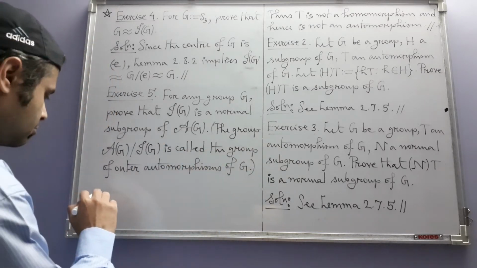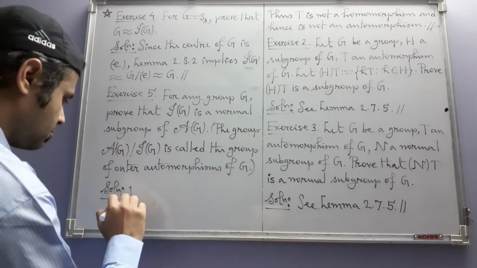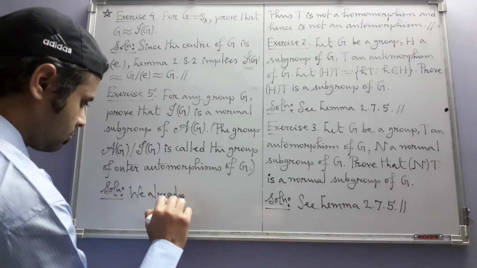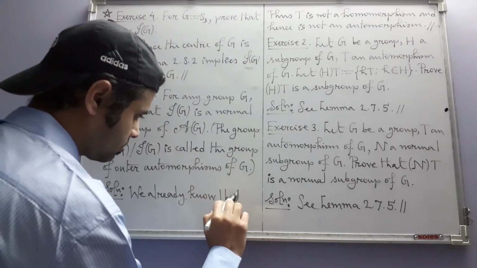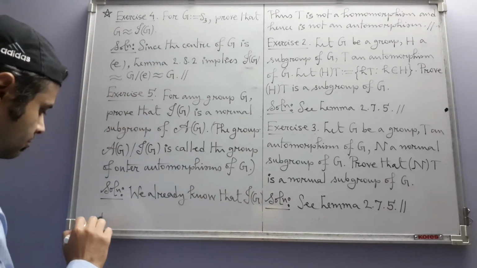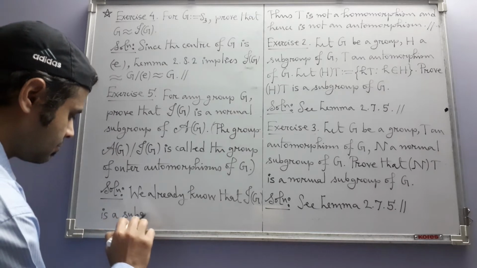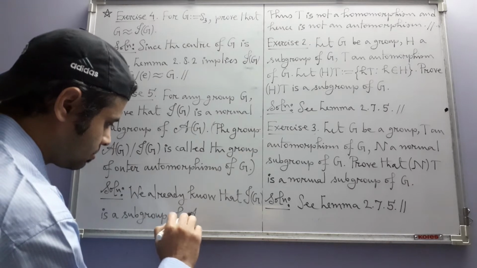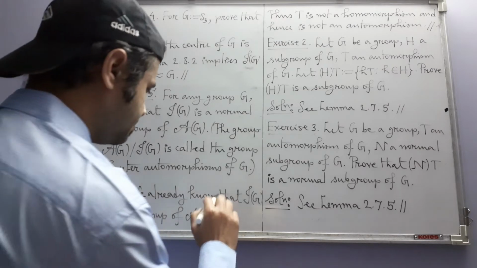Okay, so let us now show the normality. We already know that this is a subgroup of the automorphism group of G.